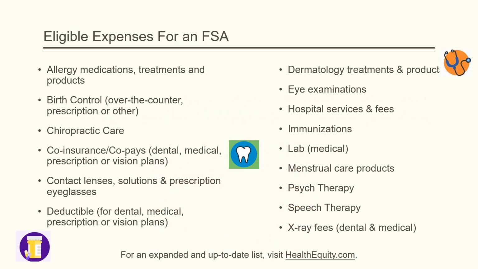As you can see from this list, which is not an all-inclusive listing, eligible expenses for the FSA could be for hospital services and fees, eyeglasses, therapy, co-insurance or co-pays, and much more.